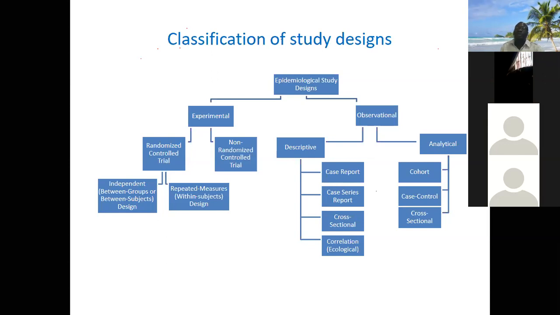Even though when we say group, it doesn't really mean that it has to be a group of subjects. We are talking of the group of observations you carry out, the group of data. So when you say independent groups, it means that these two or three groups of data are from independent, separate groups of subjects. If you say dependent groups or paired groups, or what you call before and after, these two or even three groups of observations or data are from the same people.